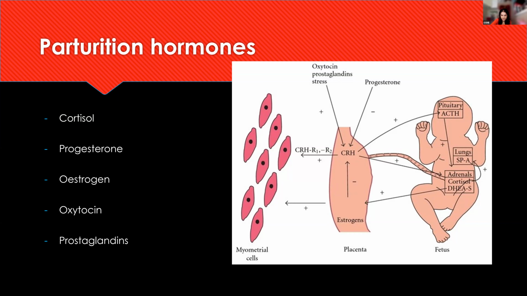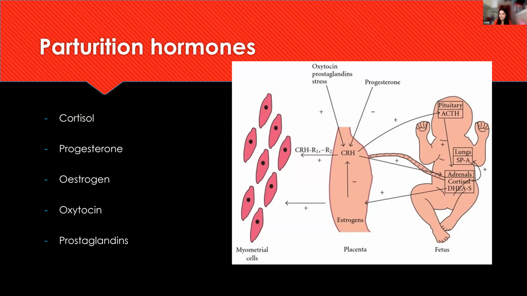Now let's talk about estrogen. Estrogen stimulates changes such as developing more oxytocin receptors. The more oxytocin receptors are synthesized, the more it stimulates the formation of gap junctions between the myometrial cells, which allows contraction to happen in synchrony. It also stimulates prostaglandin secretion, uterine growth, and supports the mammary gland duct system to prepare for lactation. Oxytocin, a peptide hormone, stimulates uterine contractions for labor.